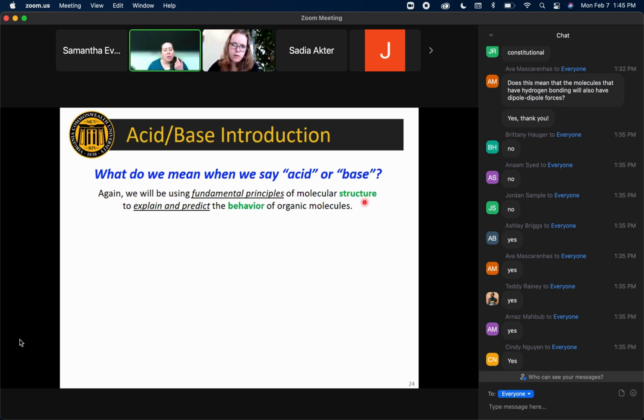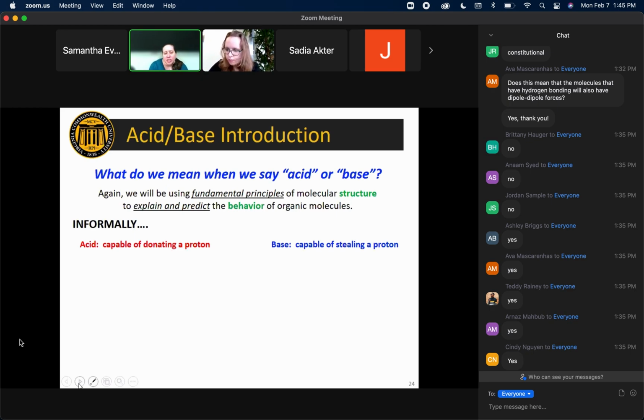We now know how to think about the dipoles of bonds and therefore the overall dipole of the molecule. All of that stuff is going to come into play in thinking about stability of molecules, which will relate directly to acid-base chemistry. And so we're going to use all these fundamental principles to be able to explain what we actually see for how organic molecules behave.